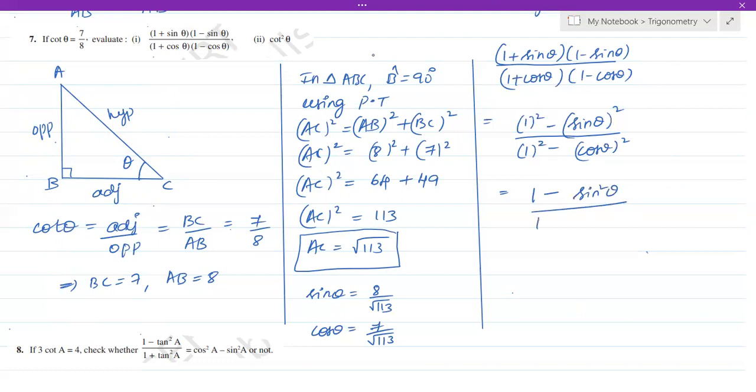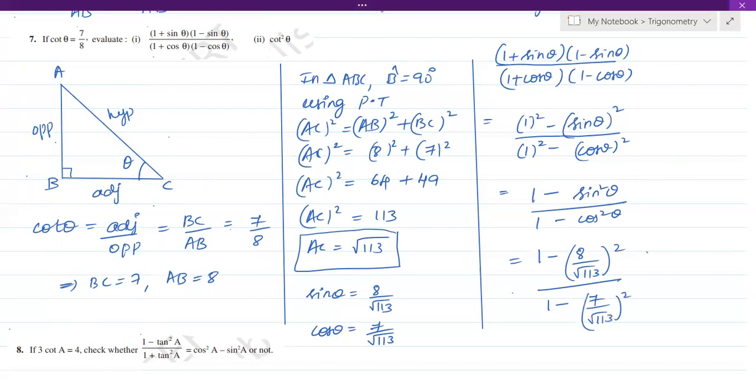And 1 minus cos square theta. Now let's substitute the values. 1 minus sine square theta. First, let's write the value of sine theta. What is sine theta? 8 by root 113. Since it is sine square theta, let's square it. Then 1 minus cos square theta. First, let's write the value of cos theta, then let's square it.